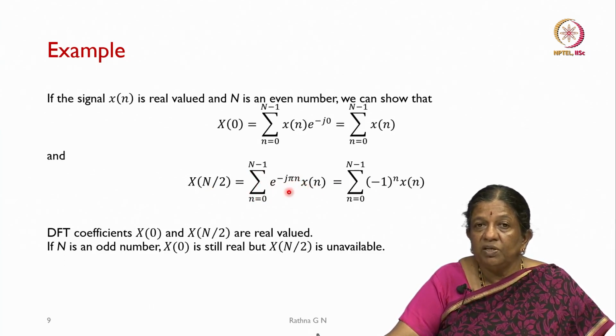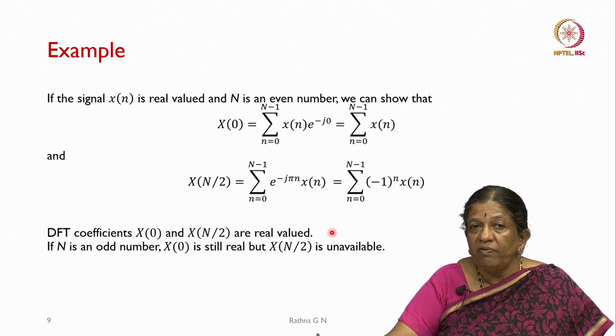We know that e power minus j pi n is nothing but minus 1 to the power of n, into x of n. So, what we observe from this is that the DFT coefficients X of 0 and X of N by 2 are real valued. That means, if x of n is real valued, then these DFT coefficients are real valued.